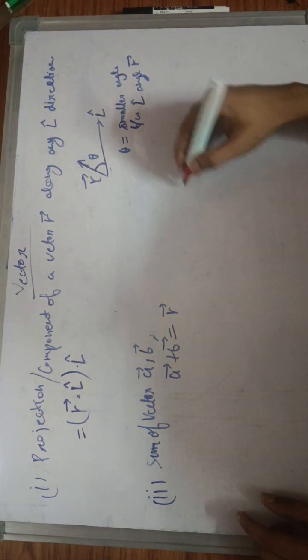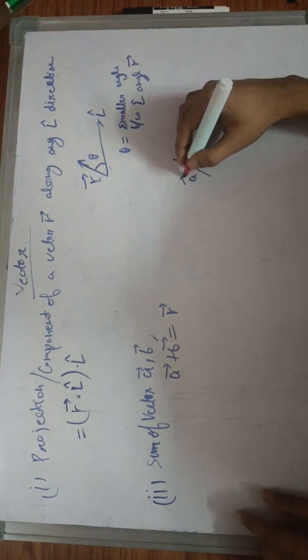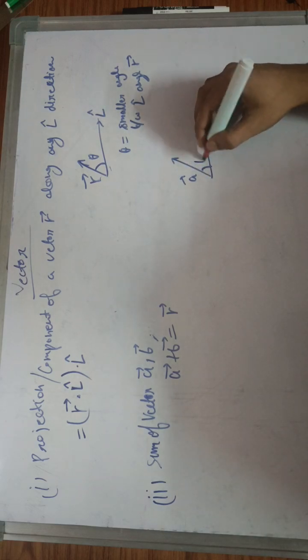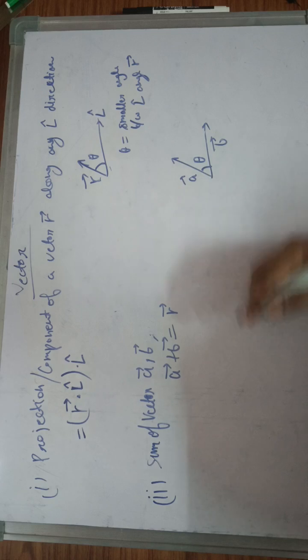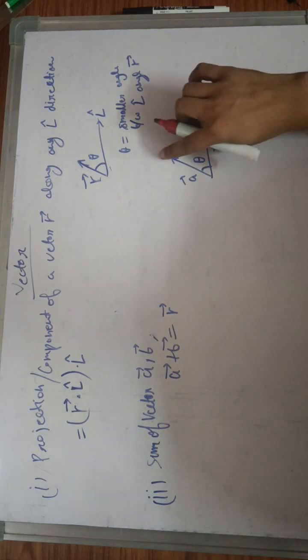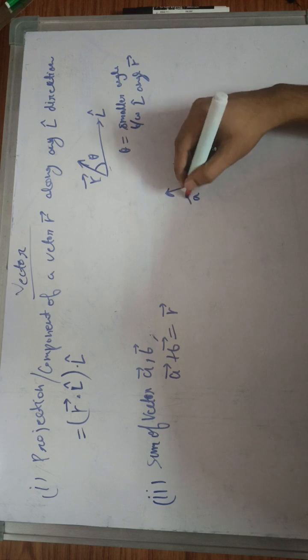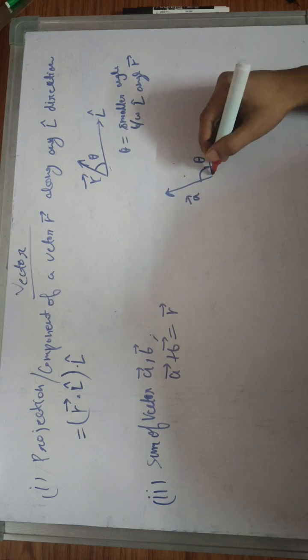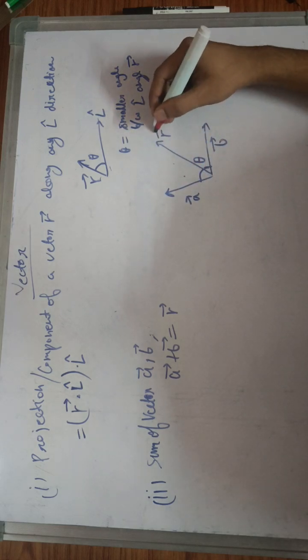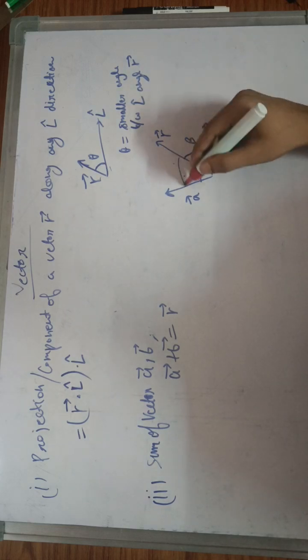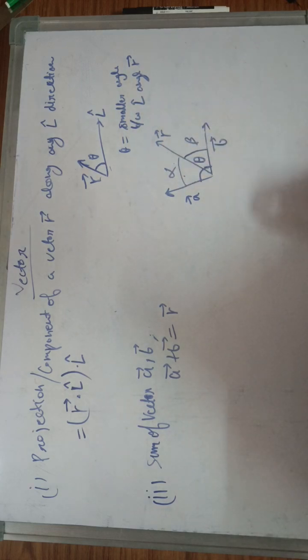Let's say this is A vector, this is B vector. They make theta angle between them, and this is R vector, the resultant. This is beta angle with B vector, and this is alpha angle with R vector.